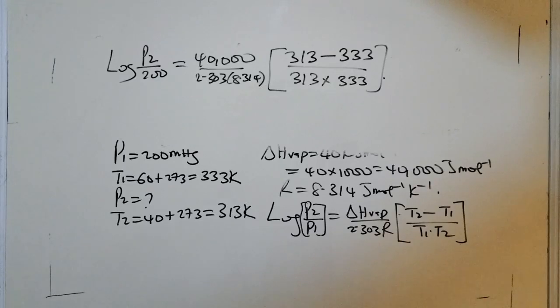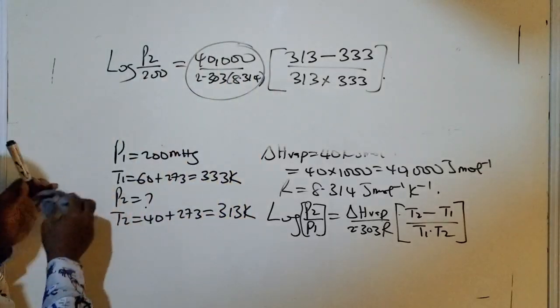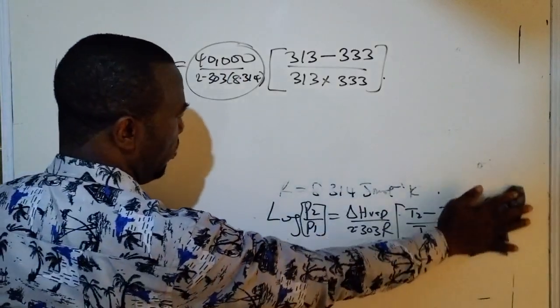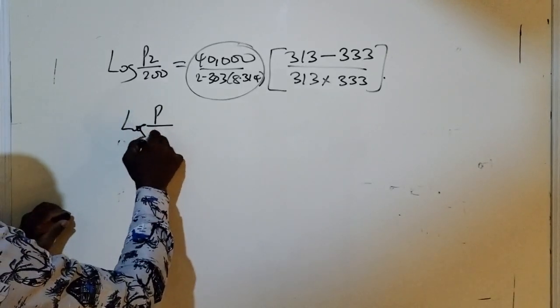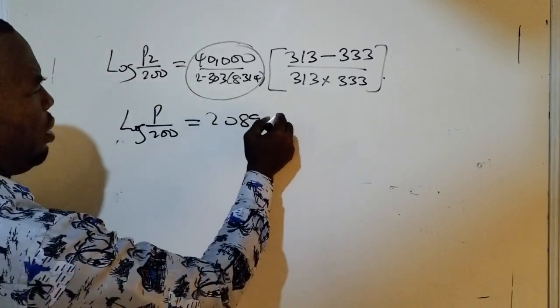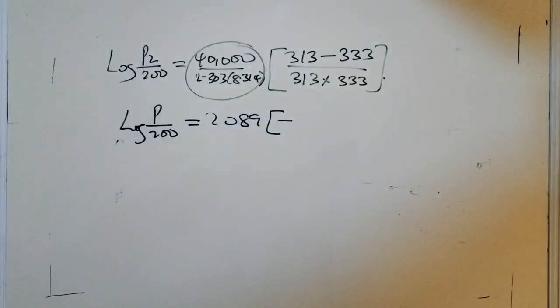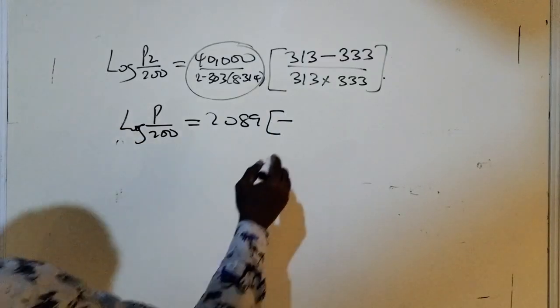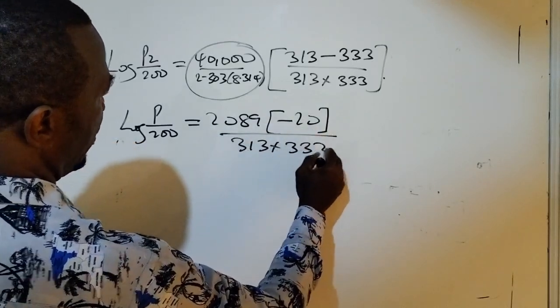If we evaluate this operation here, 40,000 all over 2.303 multiplied by 8.314, we'll now be getting log P2 over 200 equal to, if we evaluate those values, approximately 2089, then times the subtraction, which gives minus 20, all over 313 times 333.